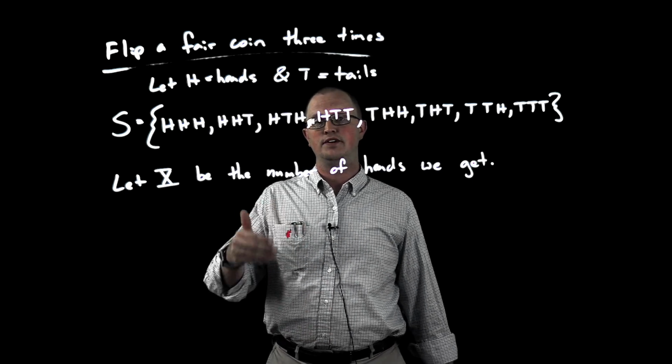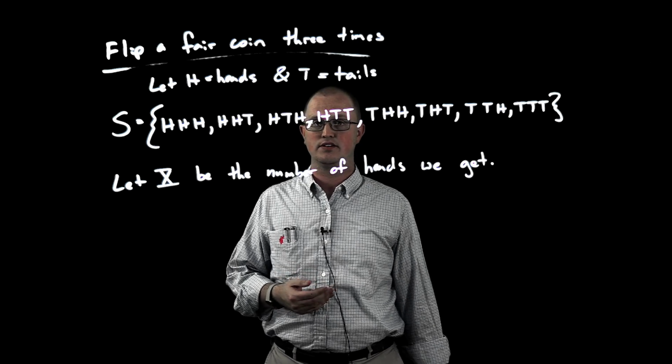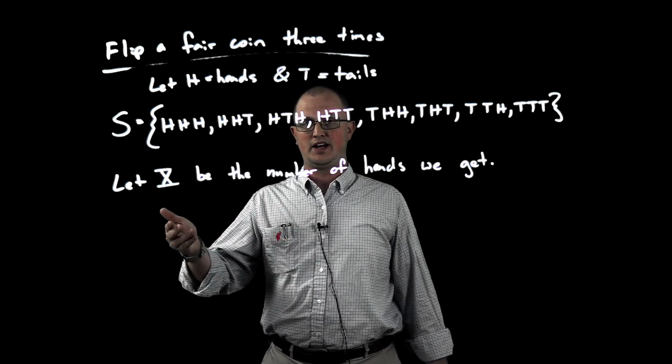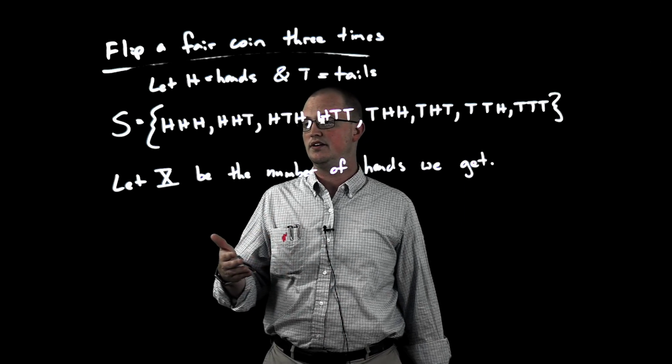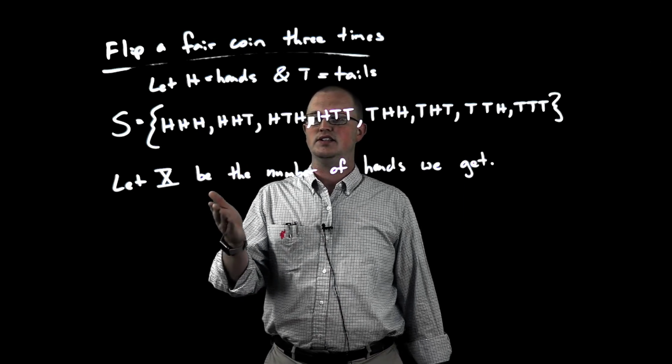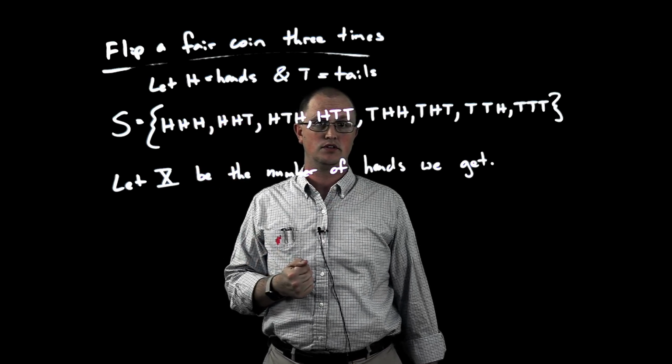So the random variable is discussed using capital X, and the value of capital X would be little x. So in this case, we have a random variable X that is the number of heads that we get after flipping a fair coin 3 times.